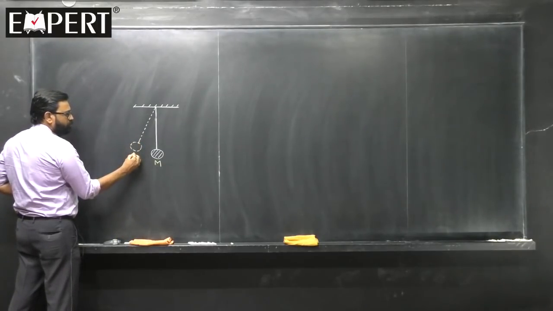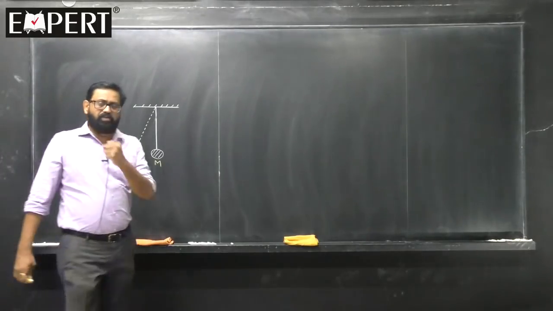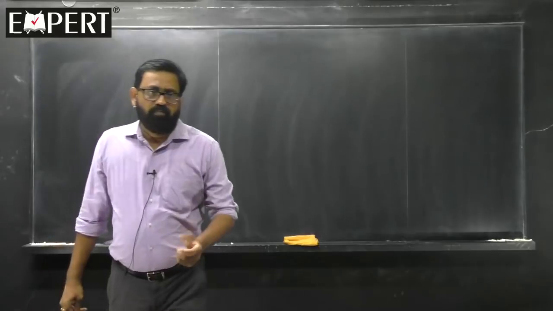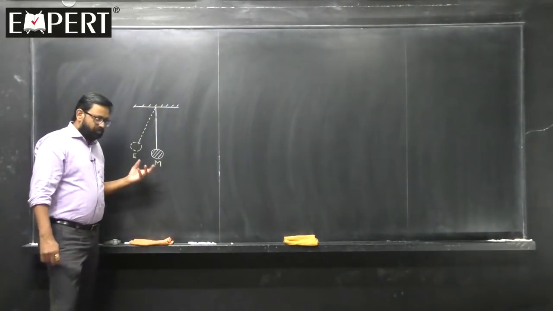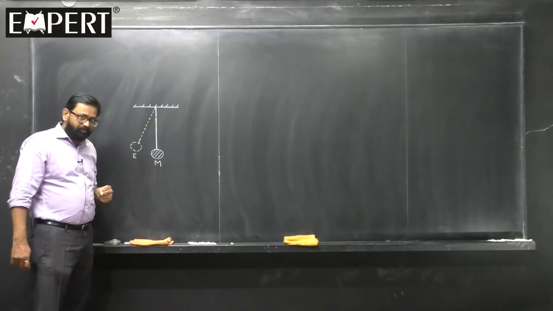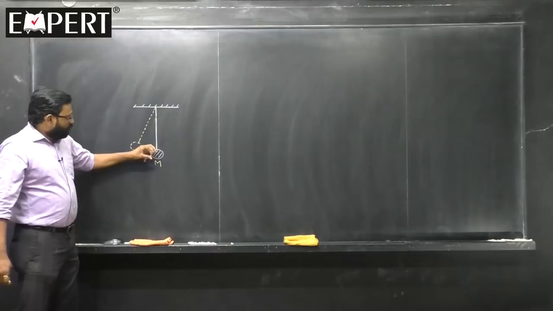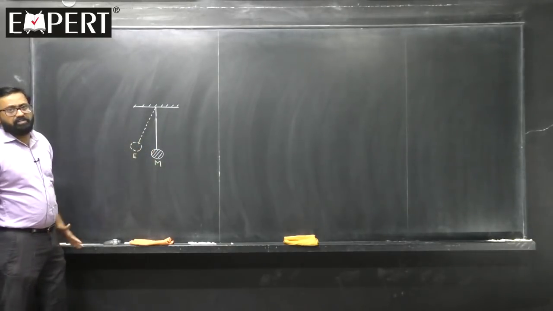You can call this position an extreme position. Of course, you might have come across this example in tackling a problem in the topic called work, energy, power, right? After taking the bob to an extreme position, you will leave the bob from the extreme position.